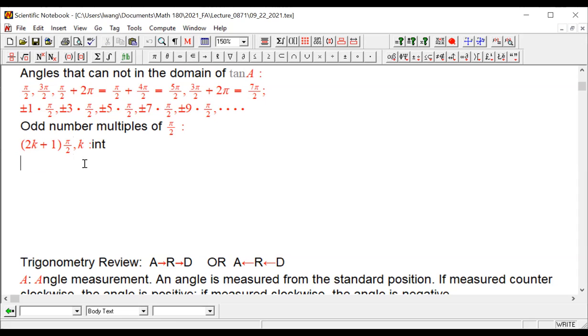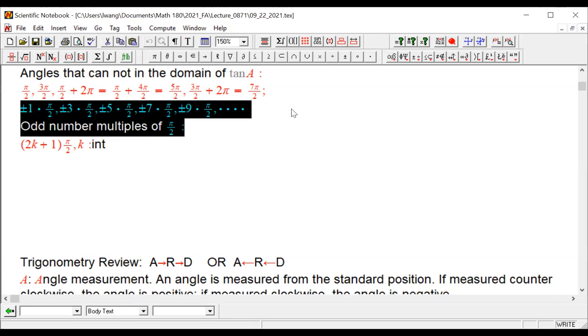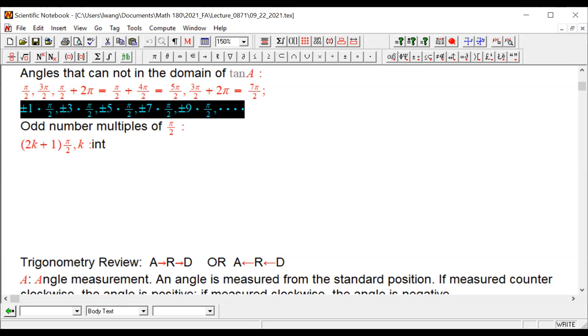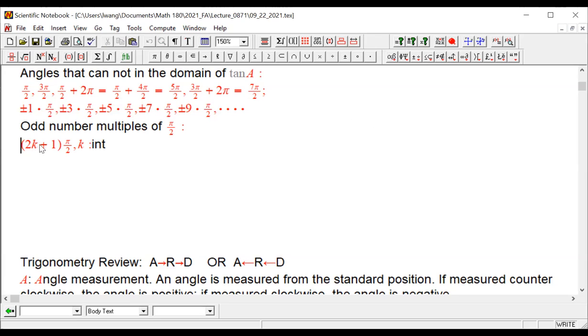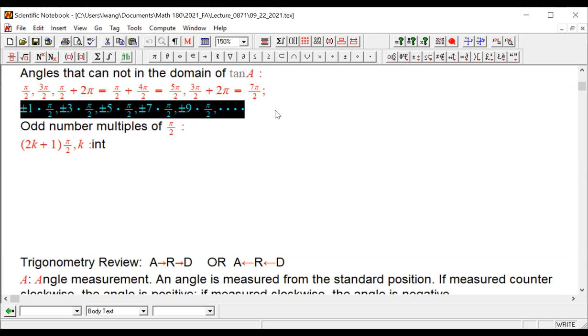How do we understand this representation? Just to give you some examples, because you want to represent all of these and more, right? So this form has to be representative of any angle from the list. You name it. It could be 11 pi over 2. It could be 19 pi over 2. All of these numbers you have to be able to represent.